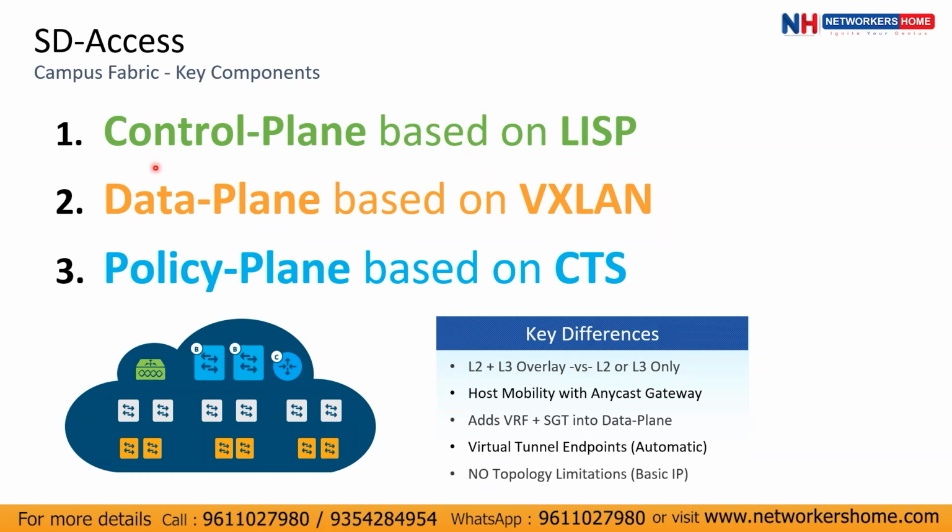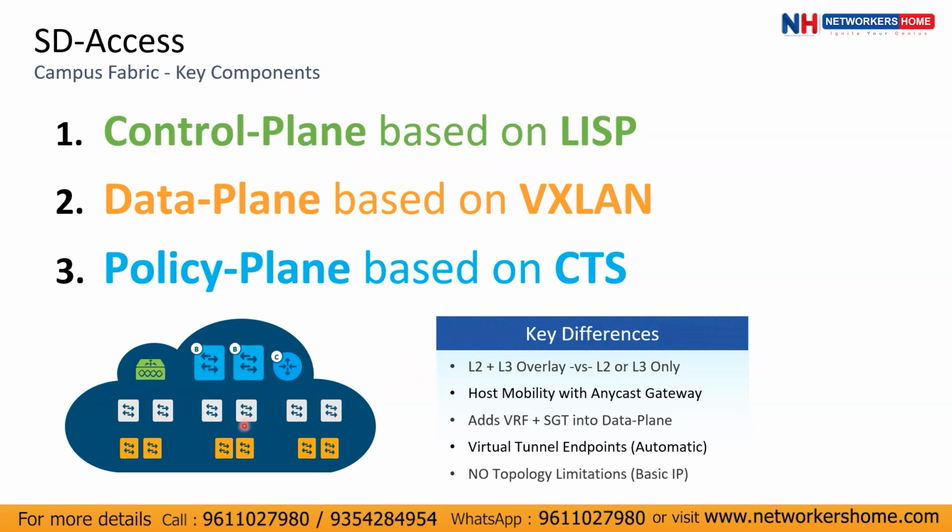But at a high level, you can consider why we are using LISP: because we don't want routing update protocols which keep pushing routing updates to each and every node, where each node has an identical database, and if any route goes down, it makes the update to other nodes. Or suppose we are using OSPF, then it floods the router LSA and all, right?